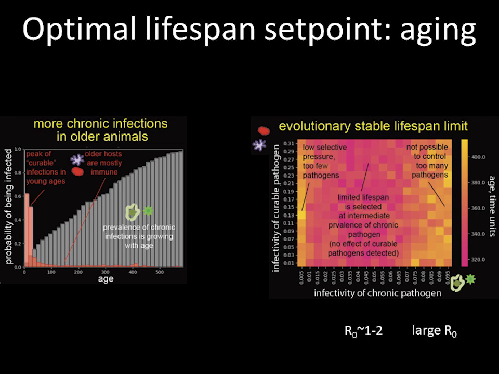If everyone is infected in childhood by a chronic disease, before puberty, then aging will not help. And of course, if the transmission is too low, then aging cannot evolve because the selection pressure is too low. But in this sweet spot of slow pathogens, aging should evolve.